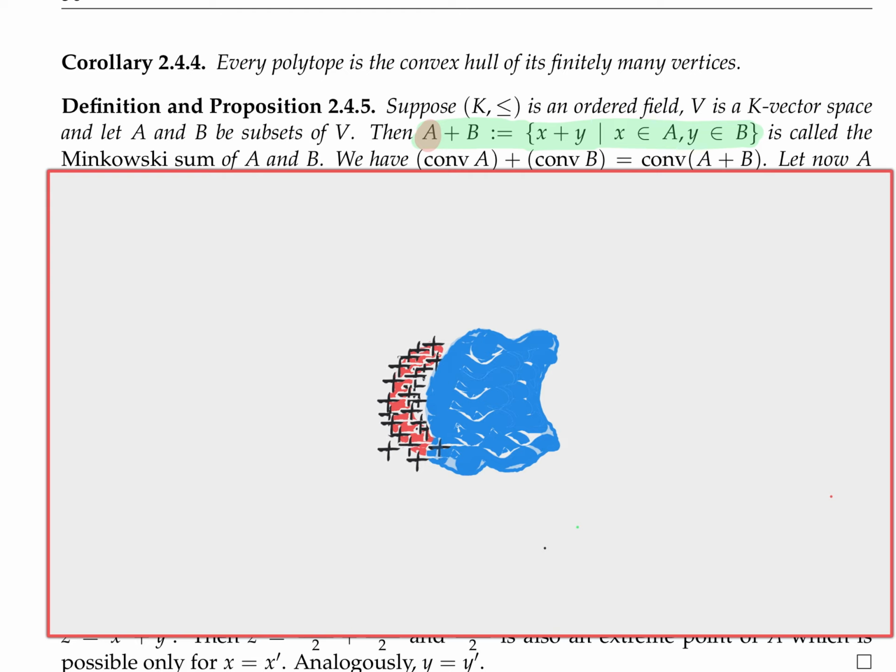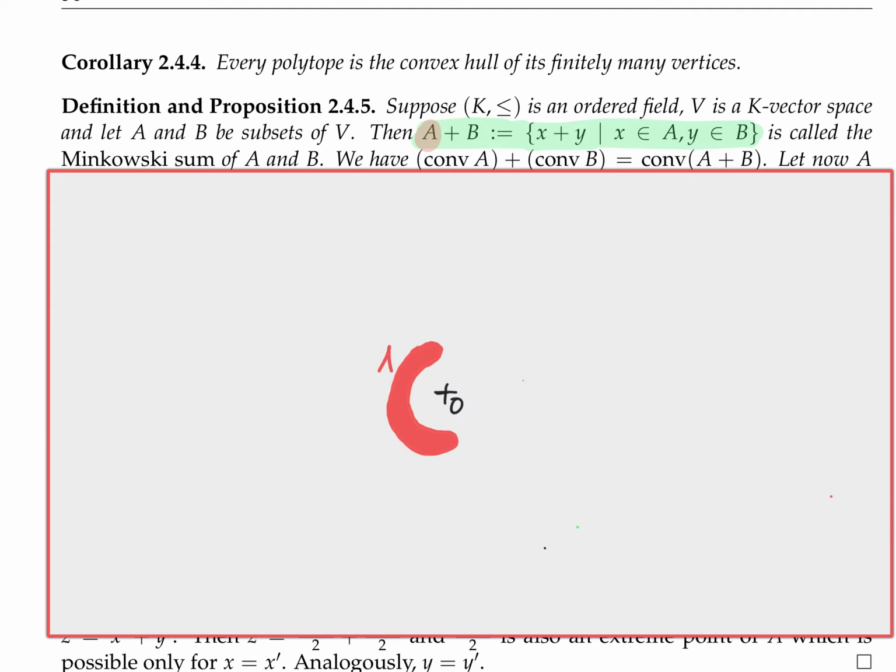Okay, good. Anyway, now another example. If this is A, and B consists just of two points, namely the origin and another point, so this is B, then it's pretty clear how A plus B looks.